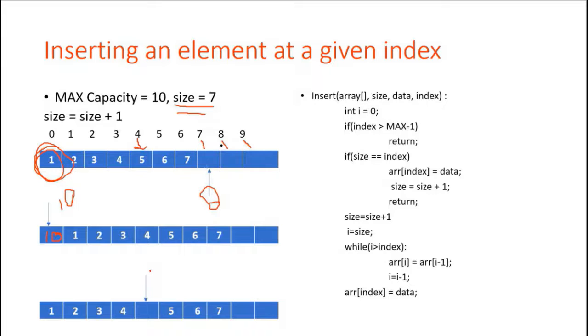Suppose we want to put 8 here. First we increment the size and we shift all the elements to the right, and we free the space here, and at last we will put the particular element at this place.